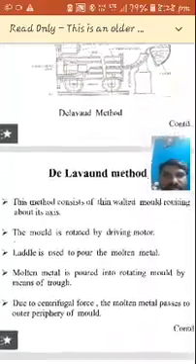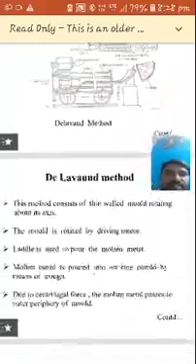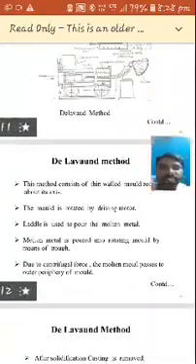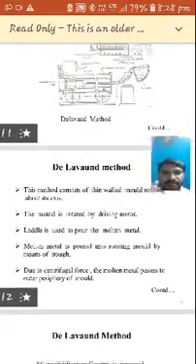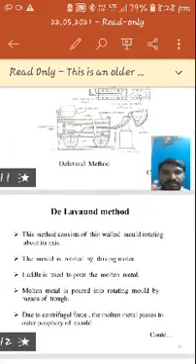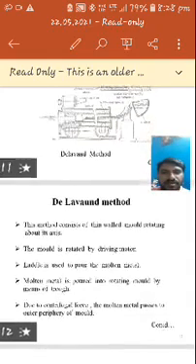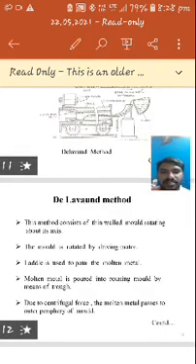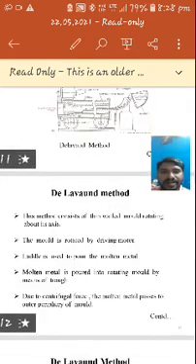Let's discuss how the process begins. This method consists of a thin wall mold rotating about its axis. The mold is rotated by a driving motor.